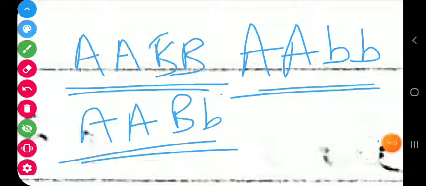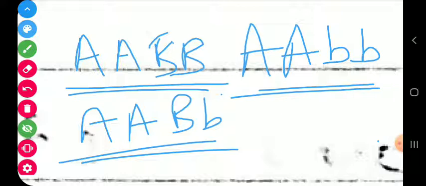To actually understand this, I have to mention this. The purple color in sweet pea flowers is actually governed by two dominant genes, A and B. Both A and B alleles, this is the special fact.